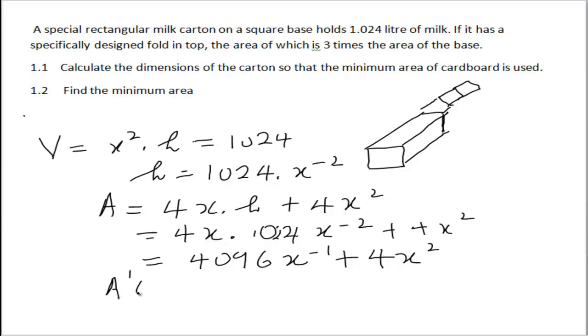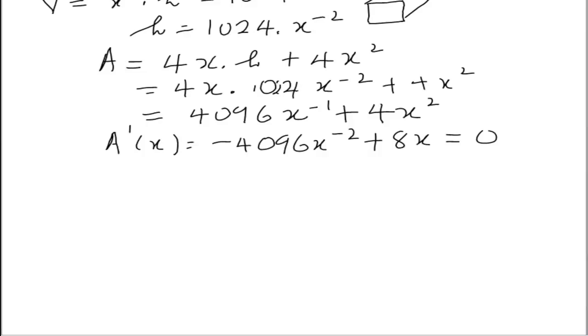So A prime x is equal to minus 4096 x to the minus 2 plus 8x equals 0. So what we now need to do is solve for x. We will end up with 8x cubed is equal to 4096, and that would give us x is equal to 8.